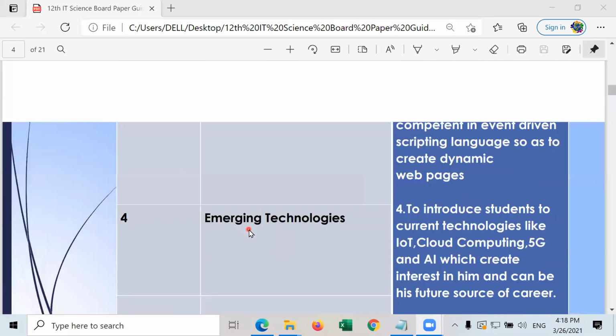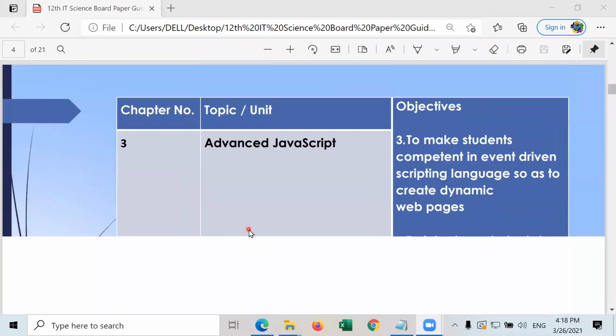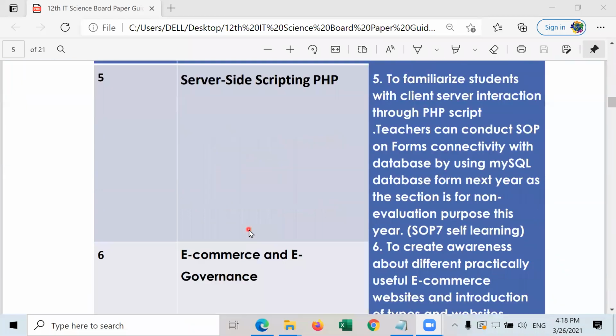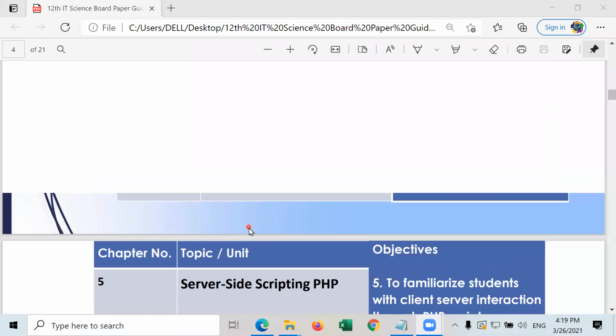Remaining chapters, that is chapter number 2, chapter number 4, and chapter number 6, are very easy. The concepts given in the chapters are very easy to understand because we have been using all these concepts in our day-to-day life. So you'll be able to score very easily in IT exam if you study all these chapters.